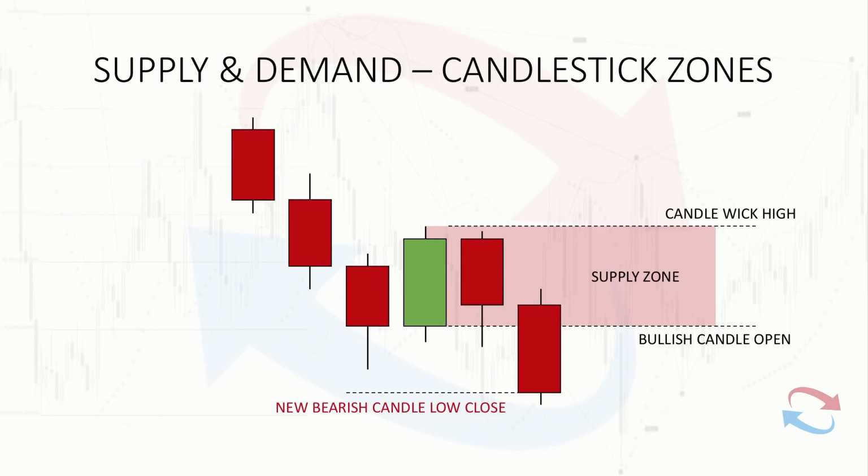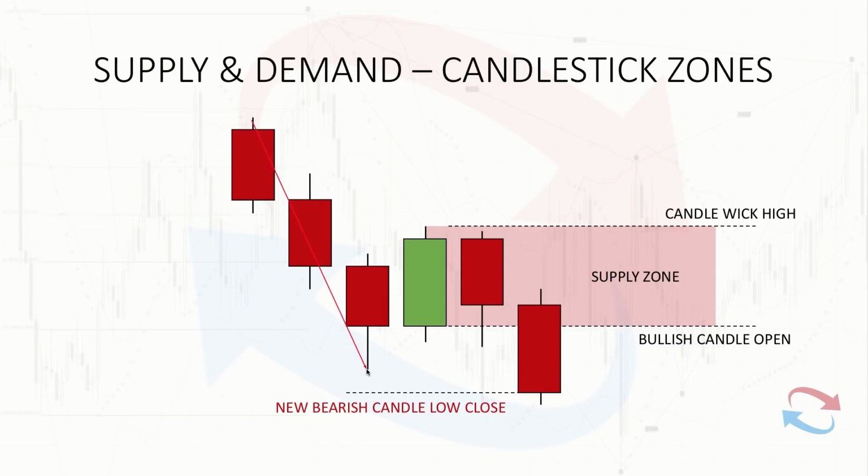So when it comes to looking at supply, it's pretty much the same thing as demand. So what we want to see is a bearish sequence, then a bullish candle, and then a bearish candle where we either see a candle close below the swing or a candle wick, because again, ultimately what we're looking at is lower highs and lower lows.